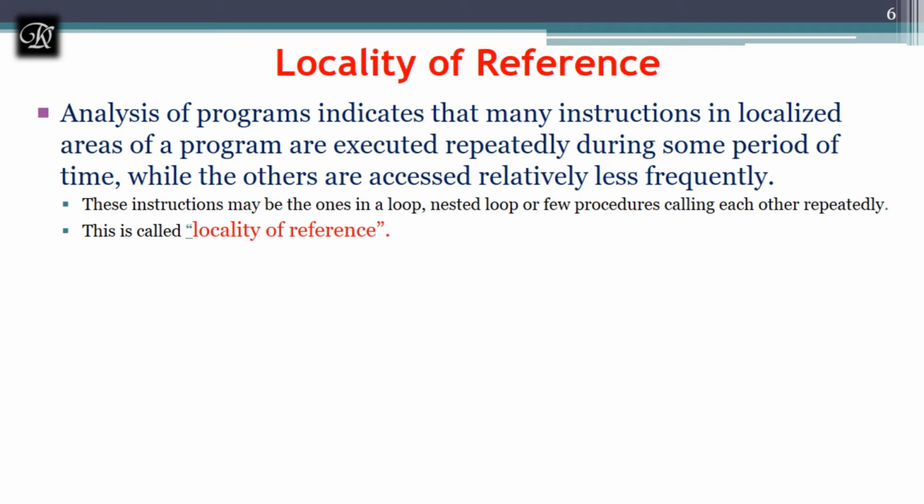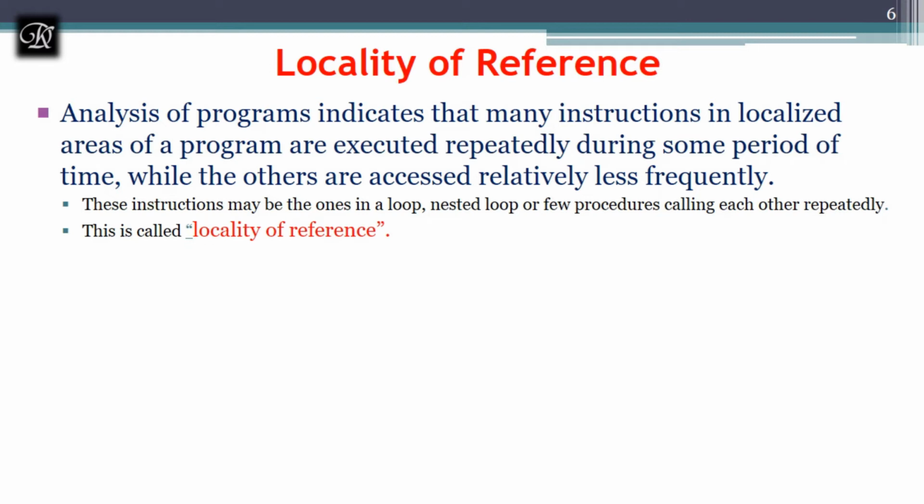Analysis of a program indicates many instructions are in a localized area of the program and are executed repeatedly during some period of time, while the others are accessed relatively less frequently. It means if you take any program, it has many parts in it, but what is highly used will be very close to the processor.